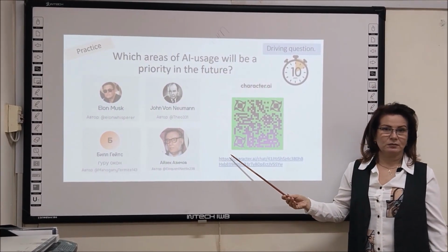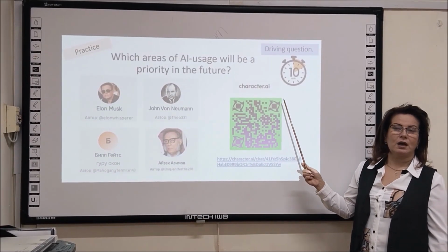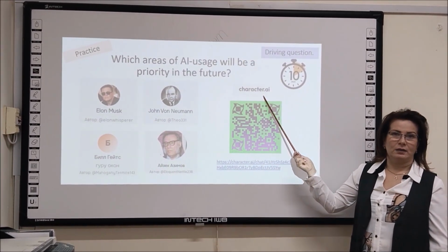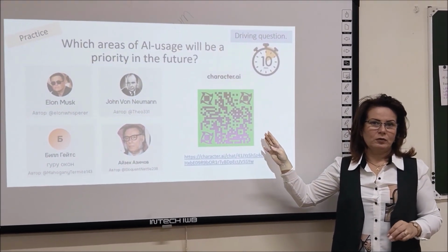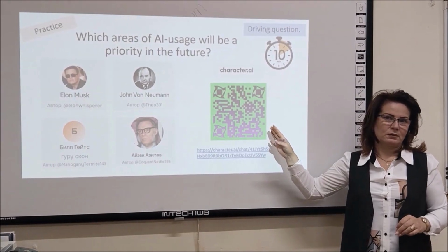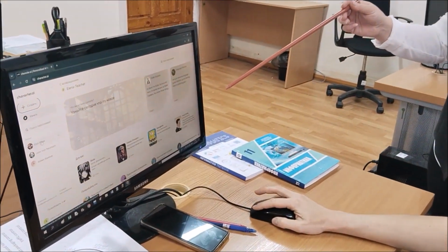For the discussion, we will use the artificial intelligence service Character AI. You will ask the question, but you should write down the short answer of this person. Choose the person you want to ask.